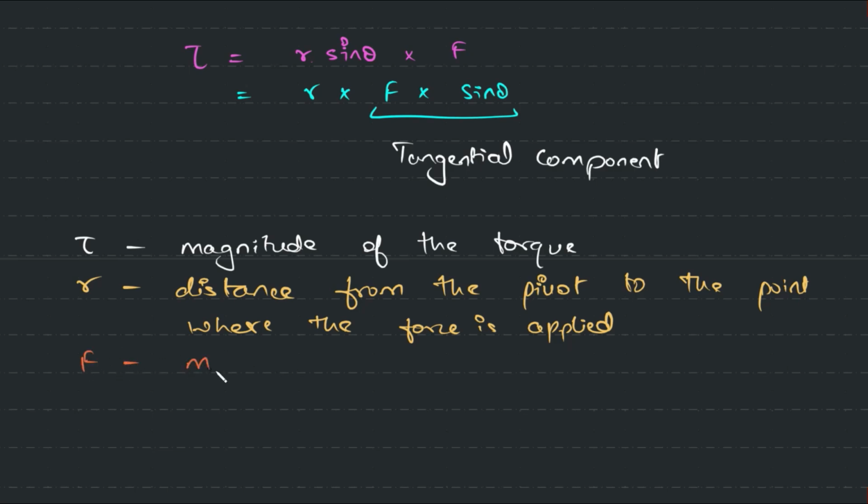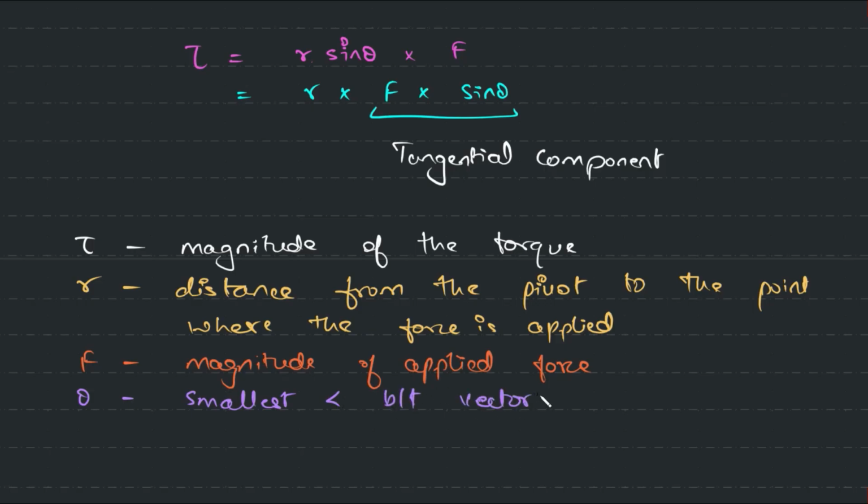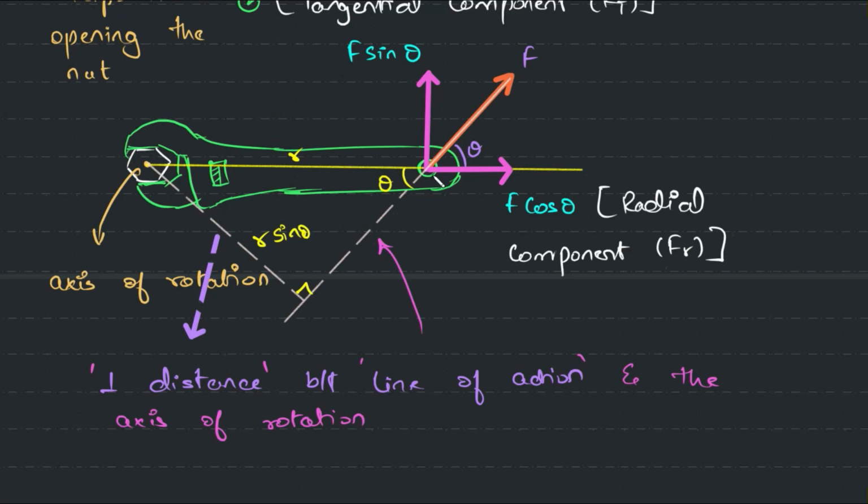F is the magnitude of applied force and theta is the smallest angle between vectors R and F. So vector R and F, this and this vector.